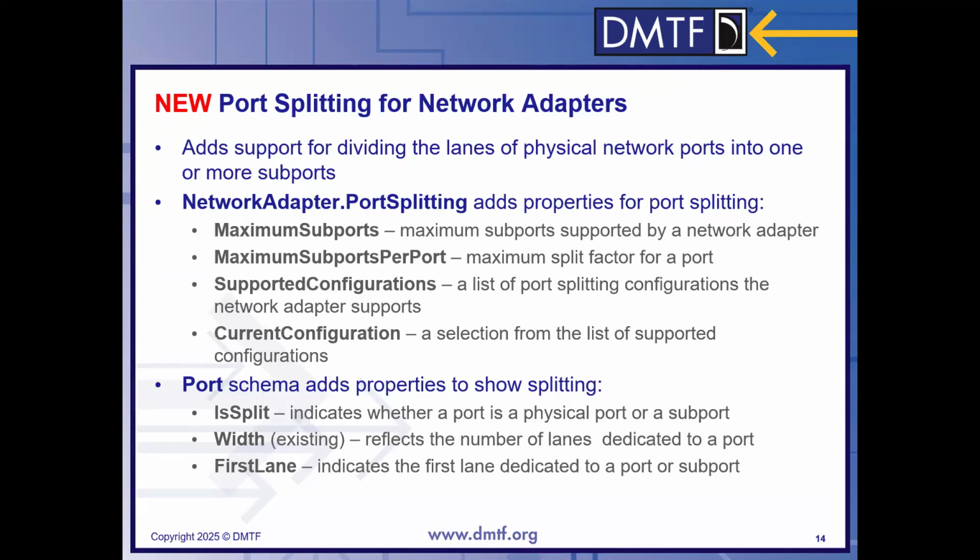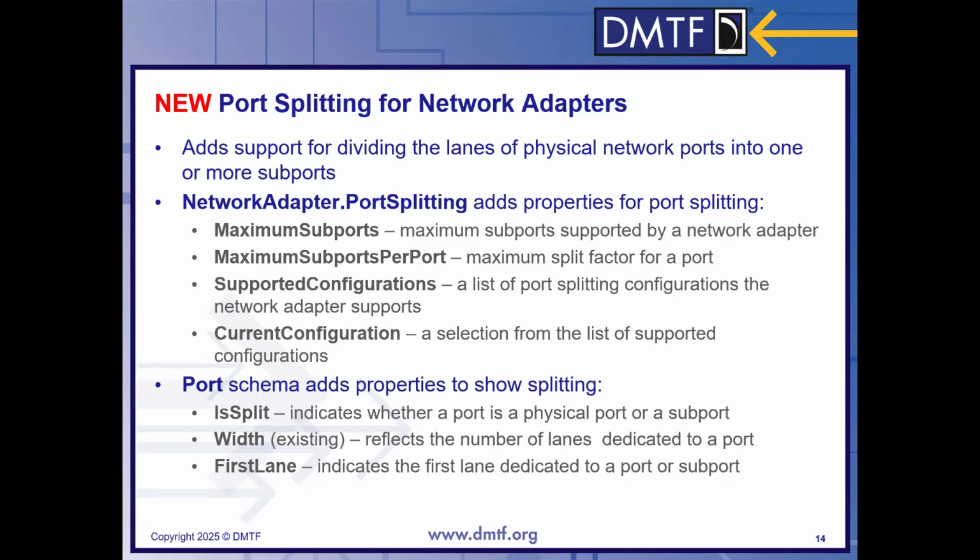Supported configurations is a list of the specific supported configurations for port splitting that a network adapter supports. And then current configuration is a selection from that list of the supported configurations. So the network adapter controls what the current and available port splitting configurations are.